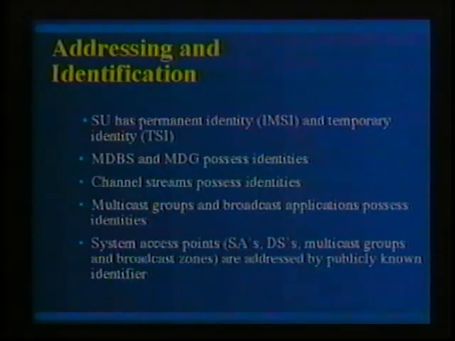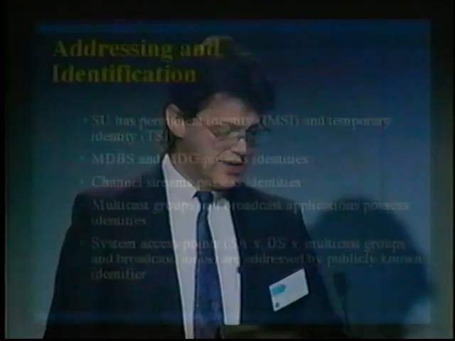The connection between the two, the channel stream, possesses an identity which allows the subscriber unit to maintain continuity of service when there's a channel hop. And also for various special functions, particularly the multicast function and the broadcast function, their identities are used across the air link.